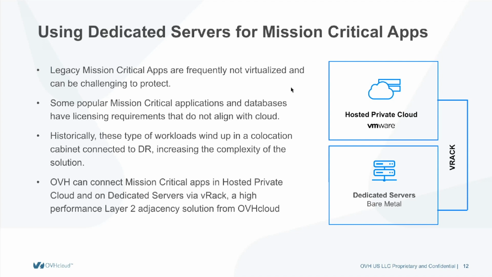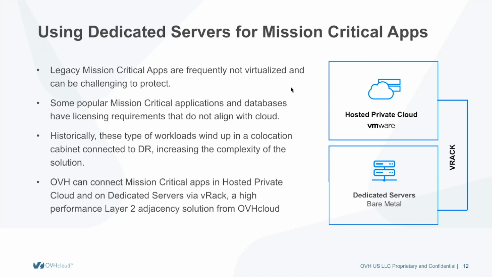What OVH can do at this layer, which is unique to us, we have two products that you can see on the right-hand side. We have our hosted private cloud, which is running on ESX and NSX, and we also have dedicated bare metal servers. We can connect those two product lines via the vRack solution, which I mentioned. That's a layer 2 adjacency solution that says these two disparate products can essentially live in the same layer 2 space.